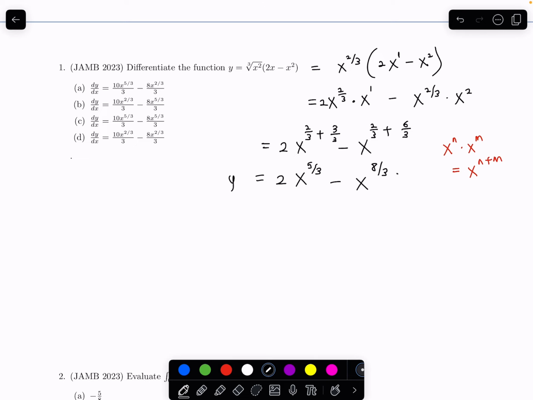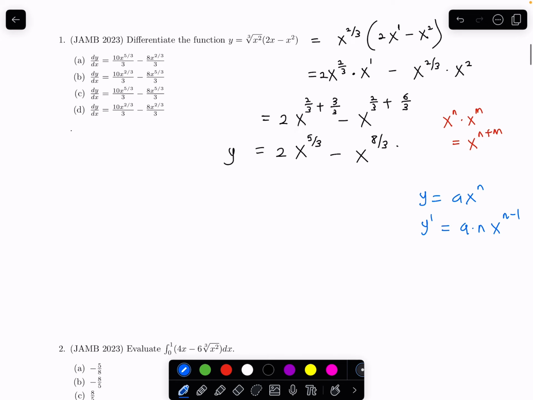Now I can apply the power rule on this. This is my y. And what does the power rule tell me? The power rule says that if I have y equal to a x to the power of n, the derivative y prime is just going to be, I bring the power down, which is n, so I have a times n, then I subtract 1 from the power, n minus 1.